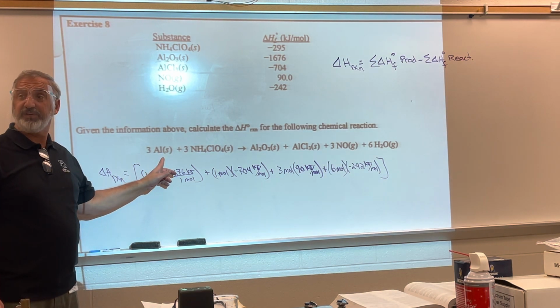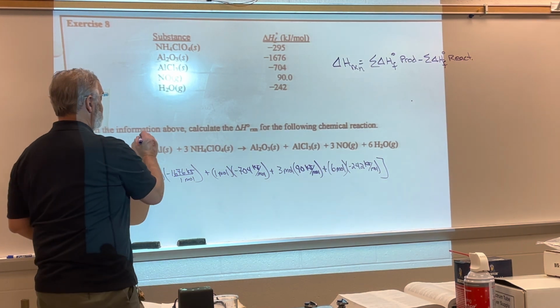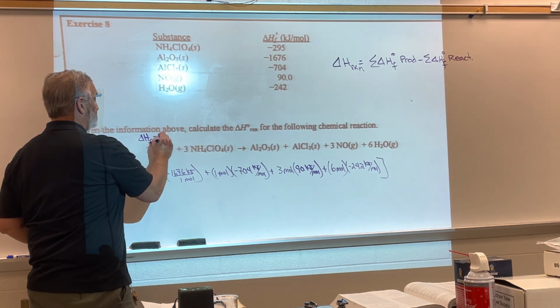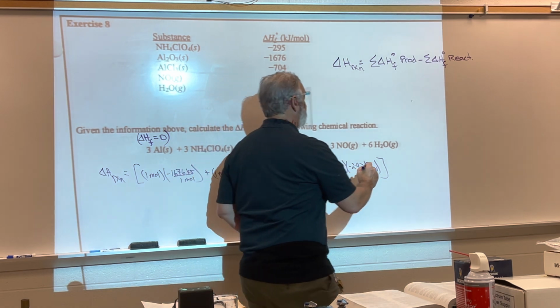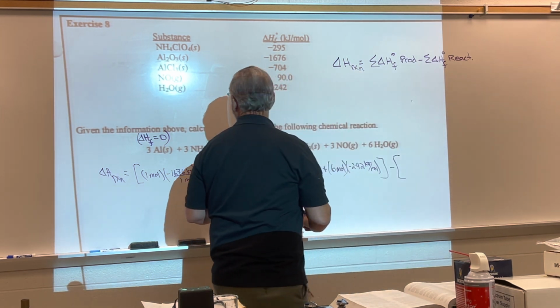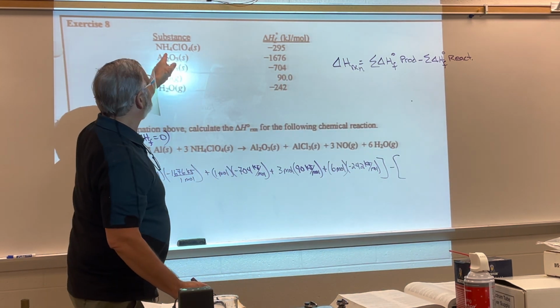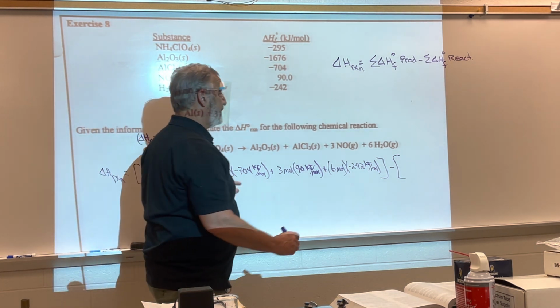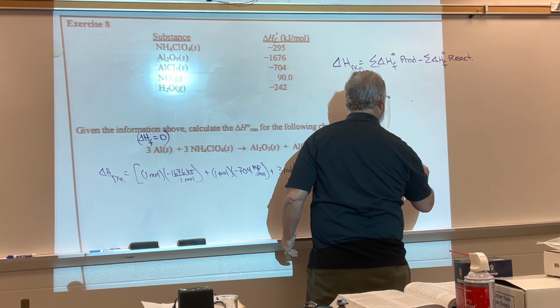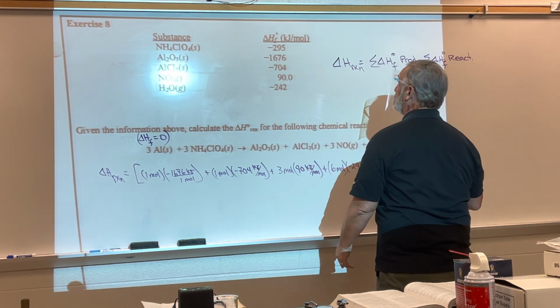The heat of formation of any element is 0. So delta H is equal to 0 for aluminum, so we don't even have to include that. So this is going to be minus, the only other reactant that we have is this one, and that's given as negative 295. But it's 3 of them, so it's 3 moles times negative 295.